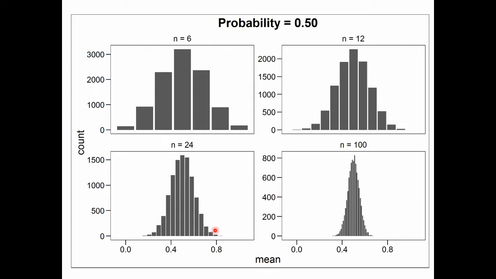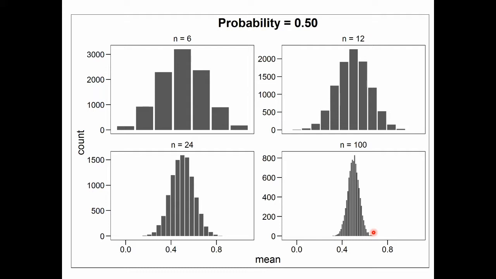This distribution is much narrower now when we have n equals 24 compared to when it was n equals 6. The vast majority of randomizations here are grouped around 0.5, which is what we want. And once I get out to n equals 100, then it'd be very unusual to get the kind of imbalances that we were talking about before that would actually substantially affect the trial.